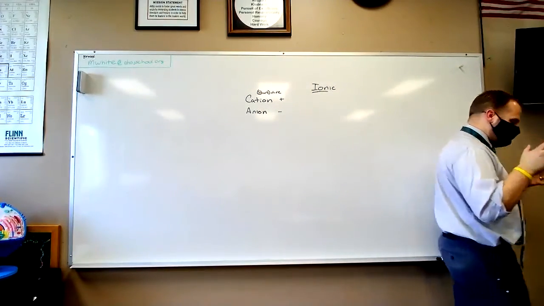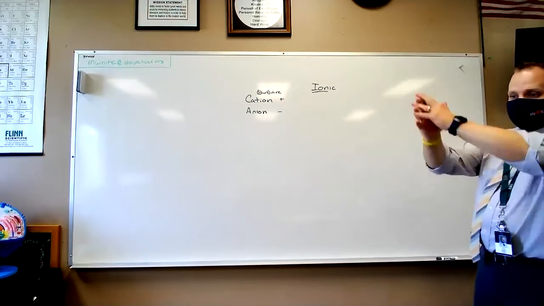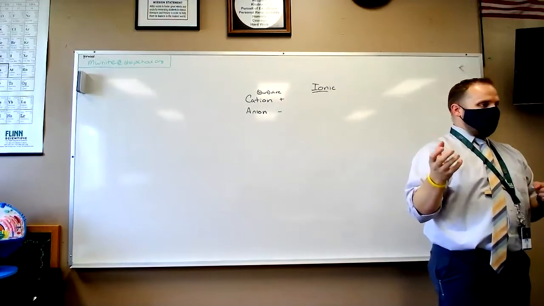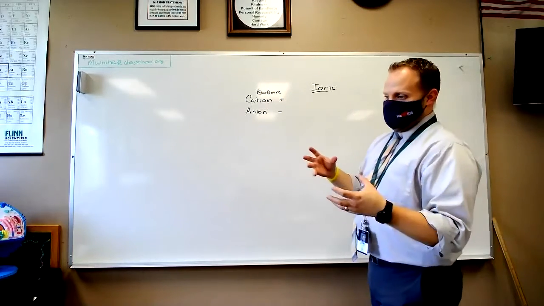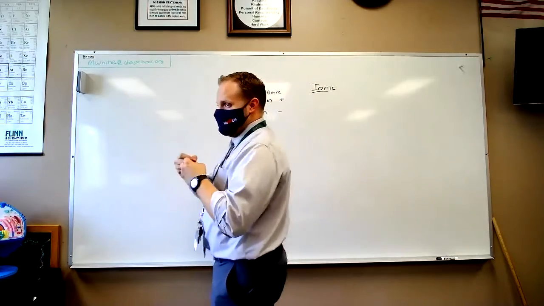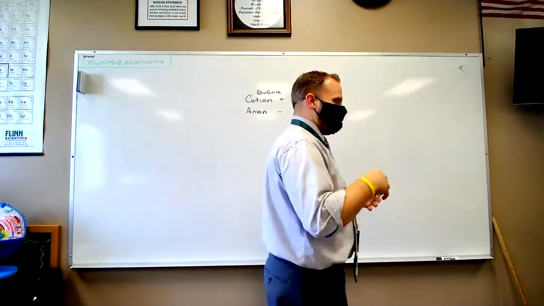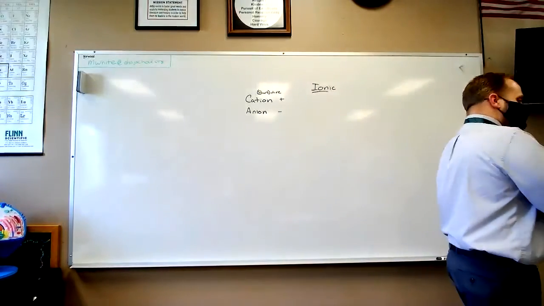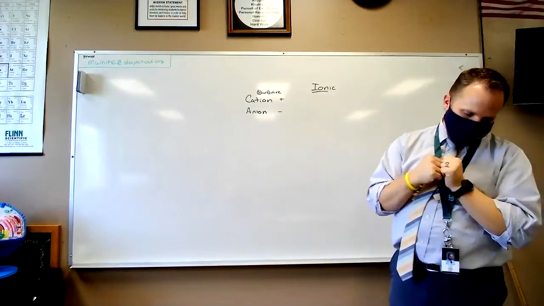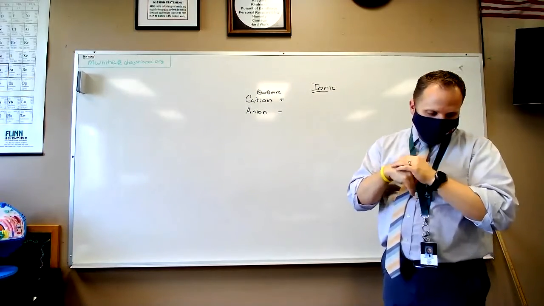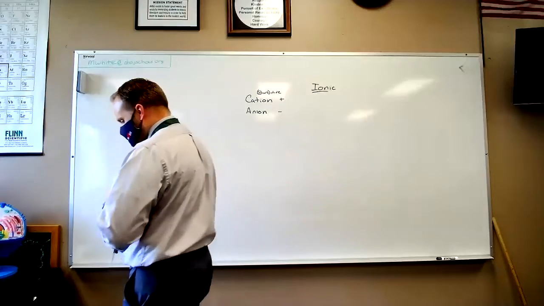But the way that ionic bonds work is really you have cations that are positive and anions, which are negative. And remember, positive and negative, they attract each other. Ionic bonds are all about charges. We have opposite charges that keep these atoms together.